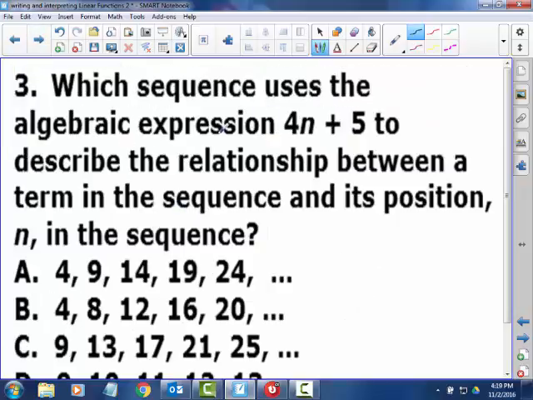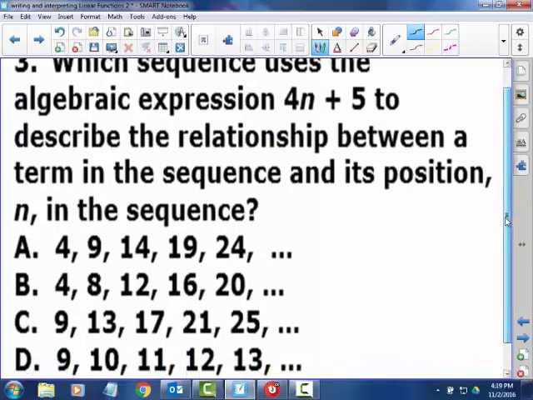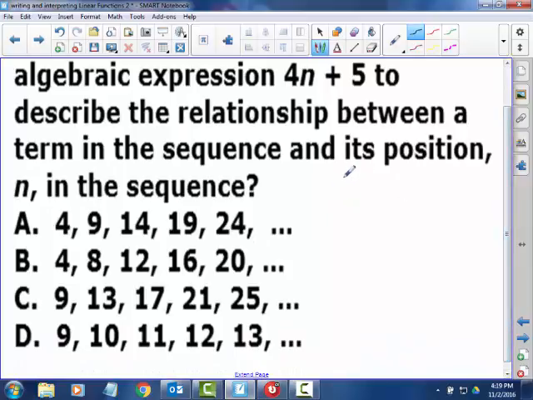Which sequence uses the algebraic expression 4n plus 5 to describe the relationship between a term in the sequence and its position in the sequence? Okay, so this is a similar question, only now they've given us the expression and asked us for the sequence. Okay, so 4n plus 5, for this one I'm going to work just with the idea of creating the sequence from this.